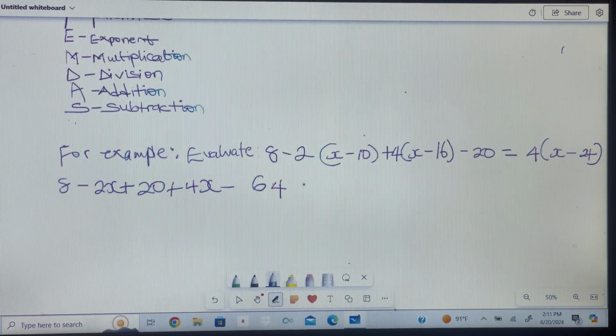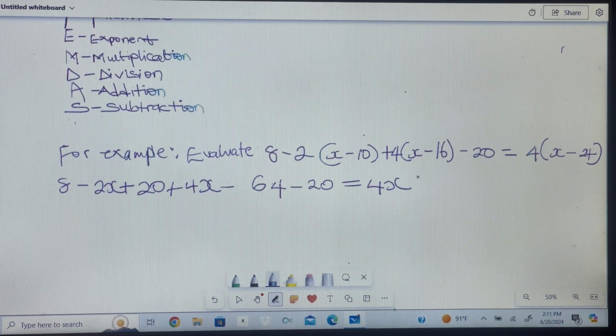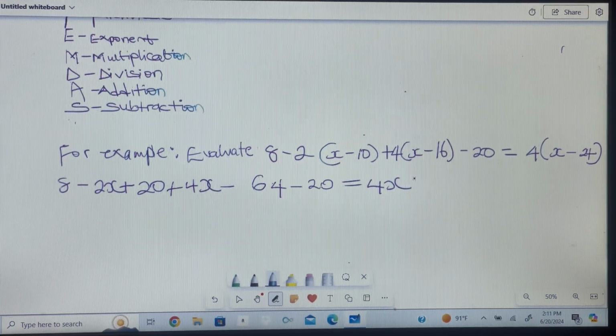Then we bring down minus 20 is equal to, and then you have to clear the brackets of the one on the right side. We have positive 4 multiplied by x, which is 4x, and positive 4 multiplied by negative 24.